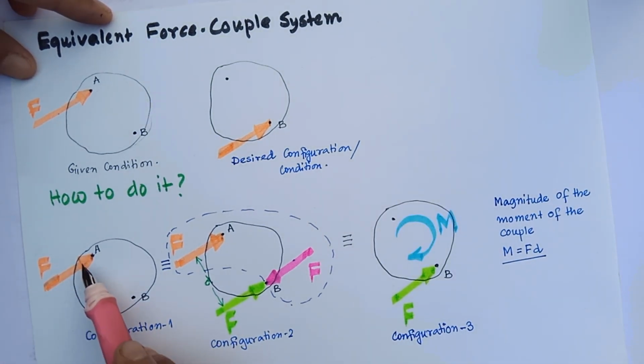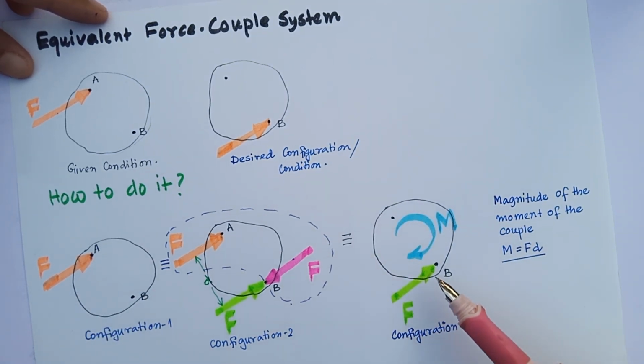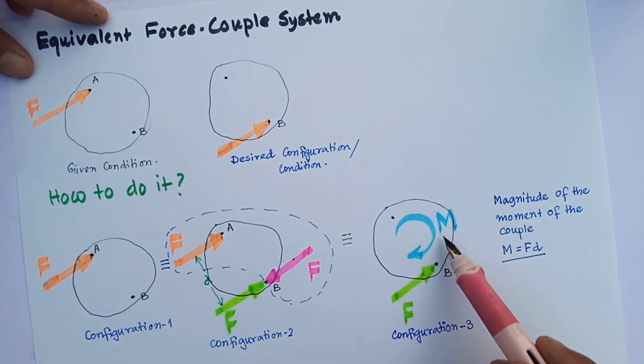So here there was one force. I have successfully transferred this force from this point to point B. Same force at point B, but we have to adjust that conversion with an equivalent couple, right?